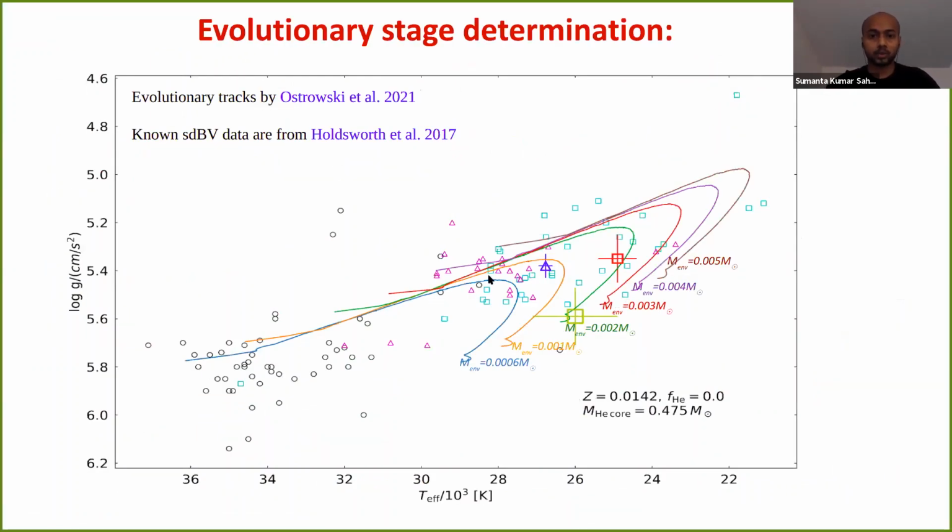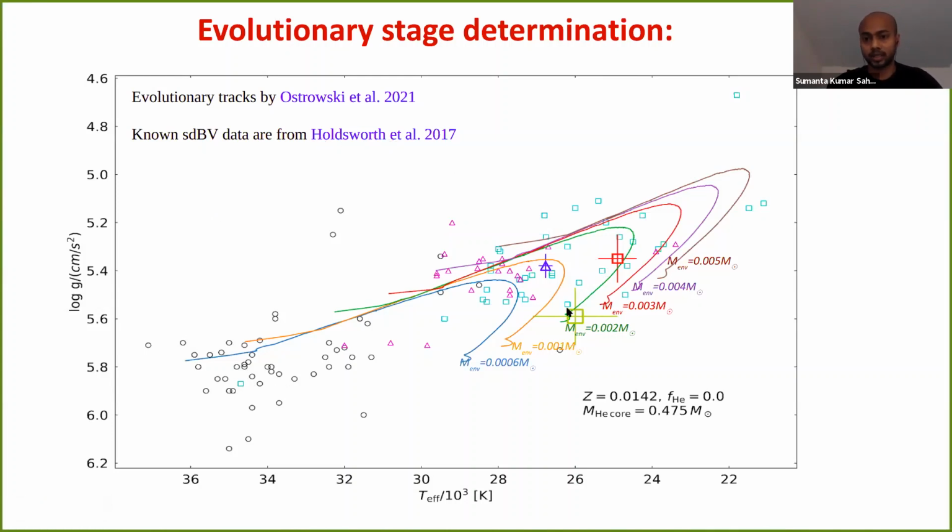So for all these 3 targets we observed, we calculated from the spectroscopic observations the effective temperature and log G values, and they have errors with them. There are errors for all other targets as well in the literature, but I haven't plotted them in this plot for the targets I took from the Holsworth paper.